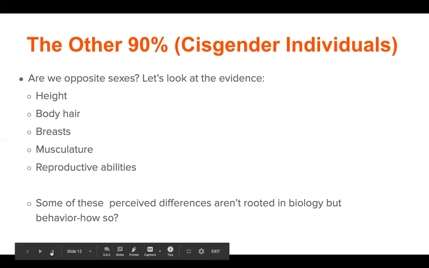And once again, I'm not talking about transgender men. I'm talking about even cisgender men. Musculature, yes, with the testosterone, as well as differences in terms of where body fat accumulates.